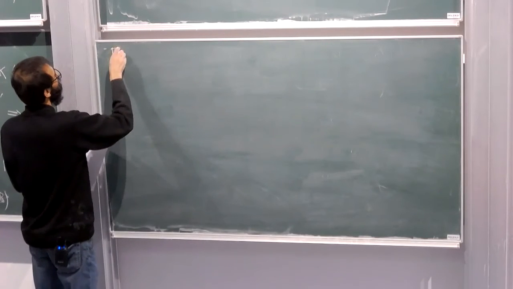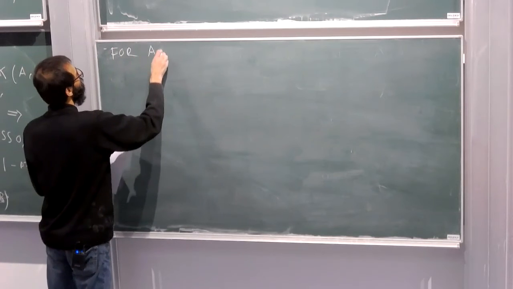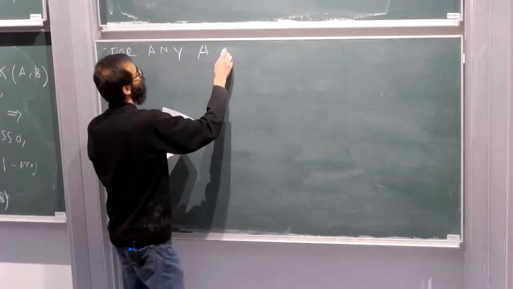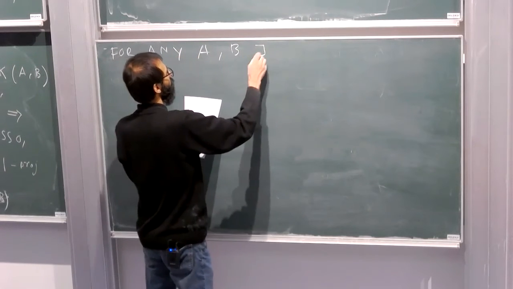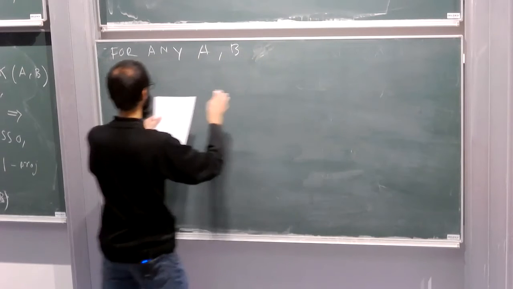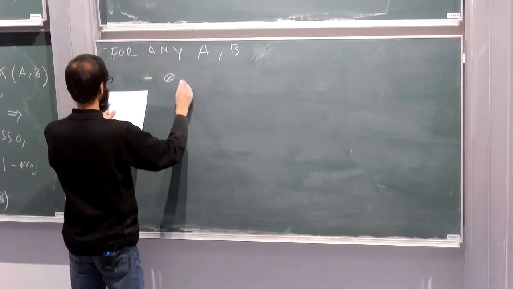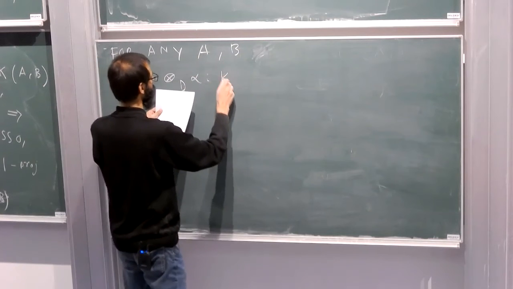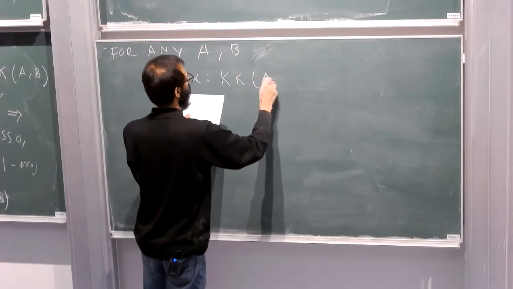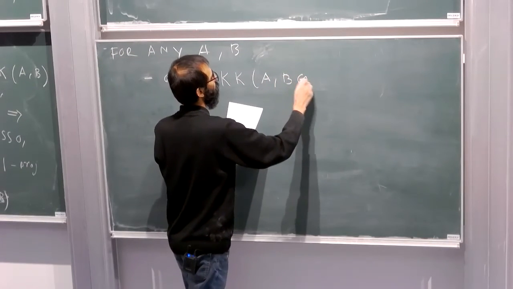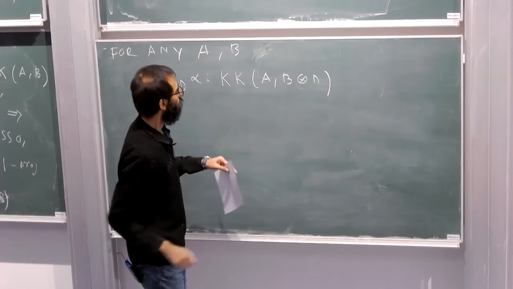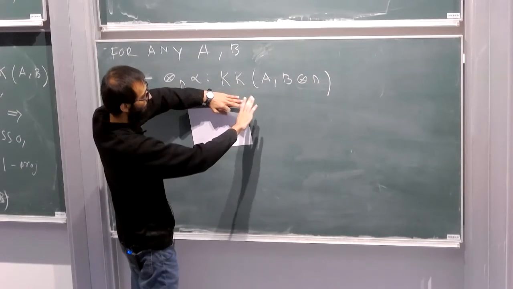Then for any A, B, there exists... so think of this as the Hom set.